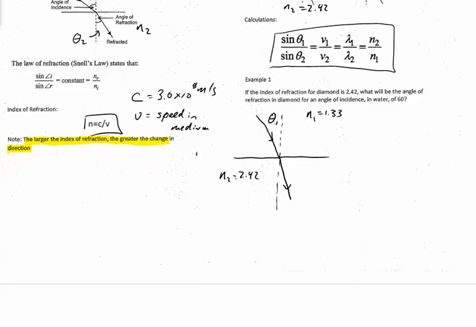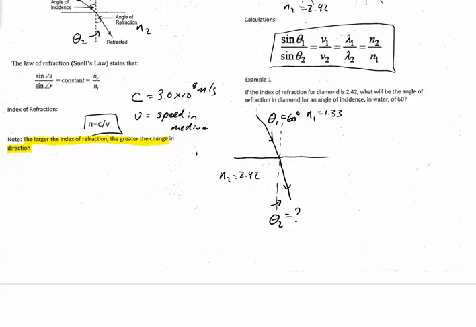That's my incident angle, and this is going to be theta 2 here, my refracted angle. So looking back, it says incident in water of 60 degrees. So what it's telling us is that theta 1 is 60 degrees. And we want to know what is theta 2. Conceptually, we already know that theta 2 will be less than theta 1 because it's traveled into something more dense.